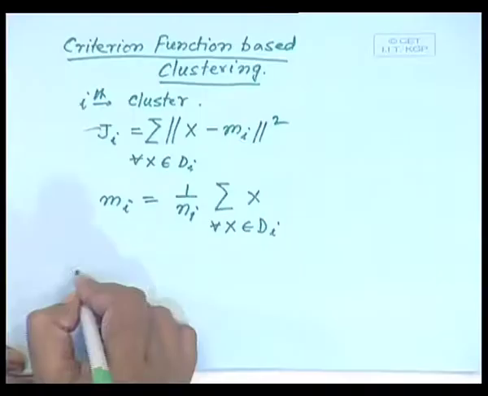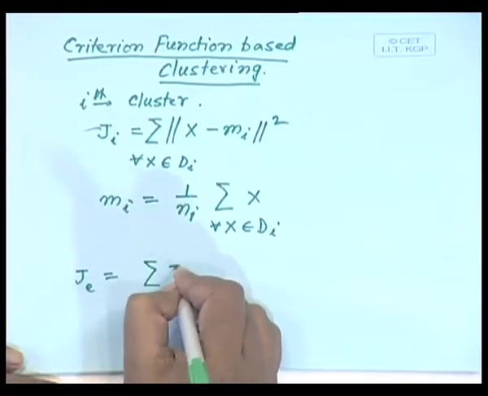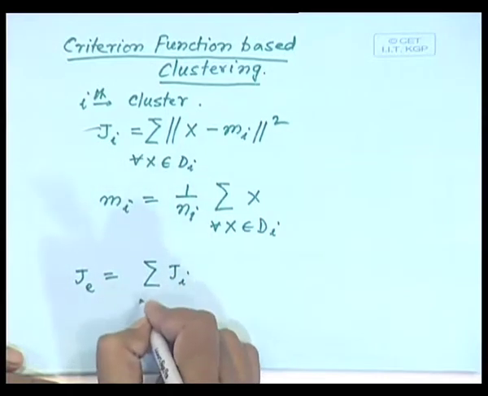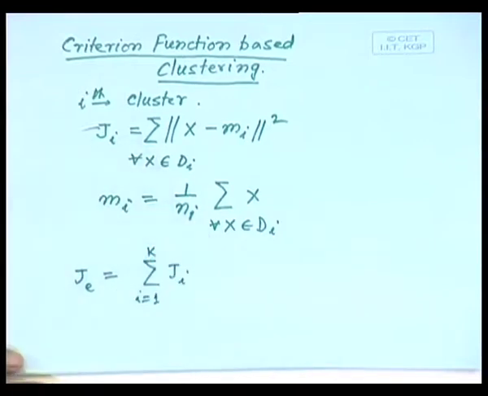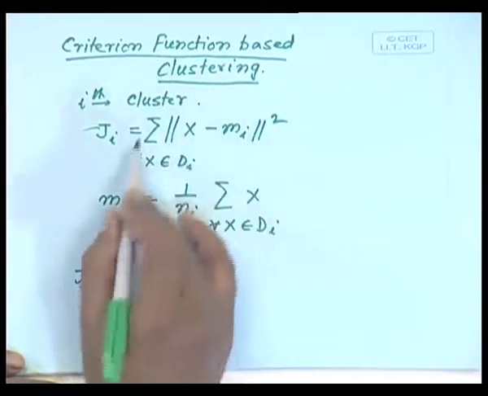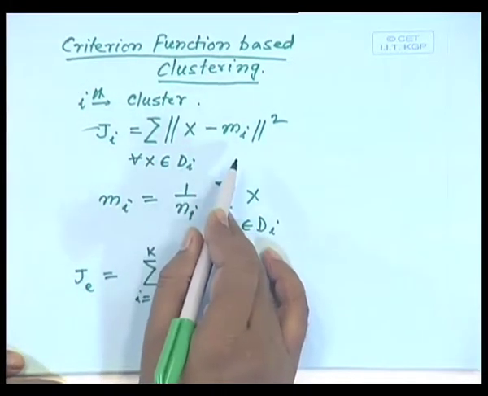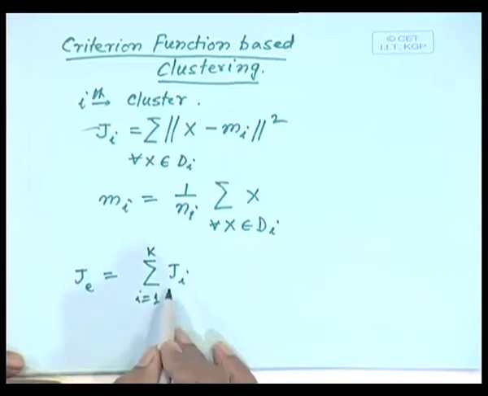And the total error is given by J_e equal to the sum of J_i, where i varies from 1 to k. So, you find that J_i tells you the within-cluster sum of squared error, and J_e tells you the overall error. So, this clustering technique tries to find the clusters for which this total error will be minimum.